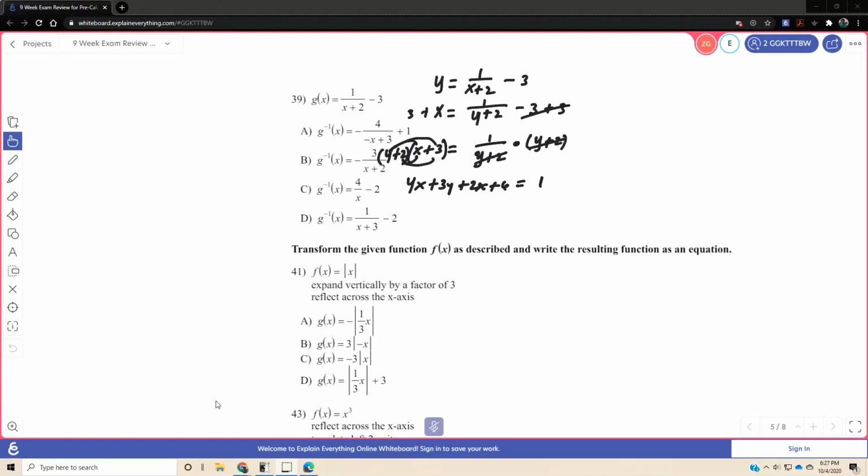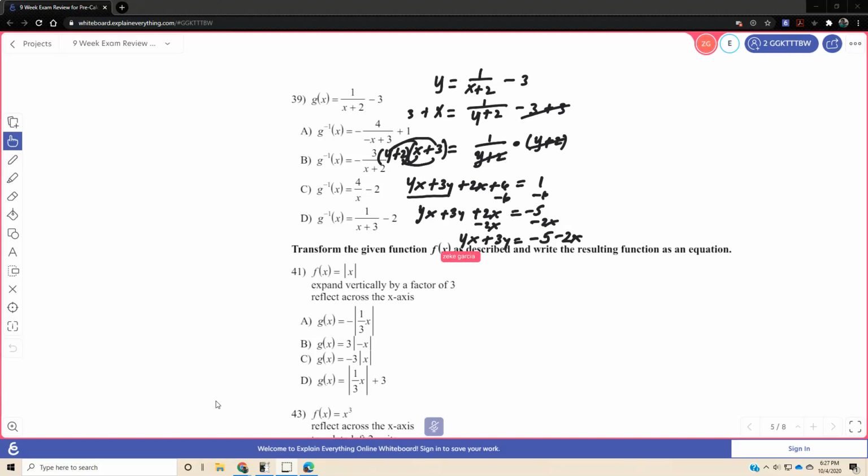So we're going to group the items that are alike, which is yx and 3y. We're going to keep that together. We're going to subtract 6. And so we have yx plus 3y plus 2x equals negative 5. We're going to subtract 2x. So we have yx plus 3y equals negative 5 minus 2x.